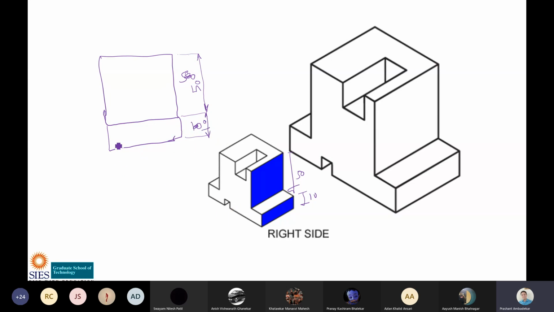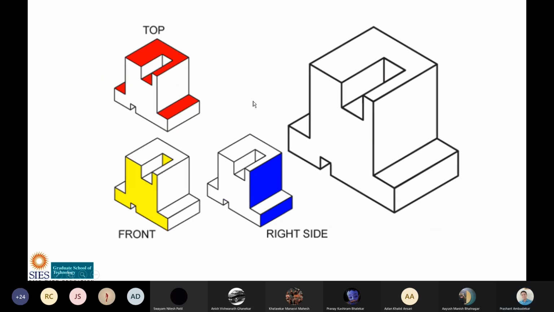The slot is from here to here. Suppose this is given as 5, so this dimension is 5. I will talk more on dimensions later on. Is this clear to all of you? Yes, sir.